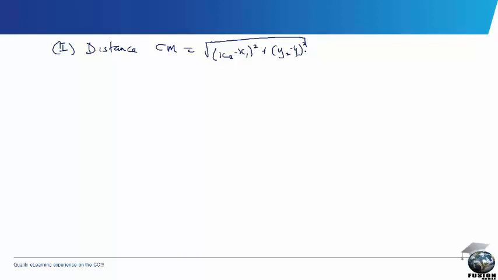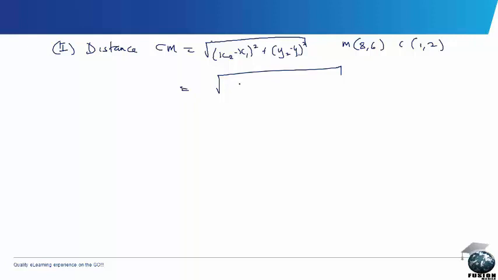Look at the two coordinates there. We have the distance CM equal to the square root of x2 minus x1 squared plus y2 minus y1 squared. We have the coordinate M to be equal to 8 and 6, and then coordinate C to be equal to 1 and 2.